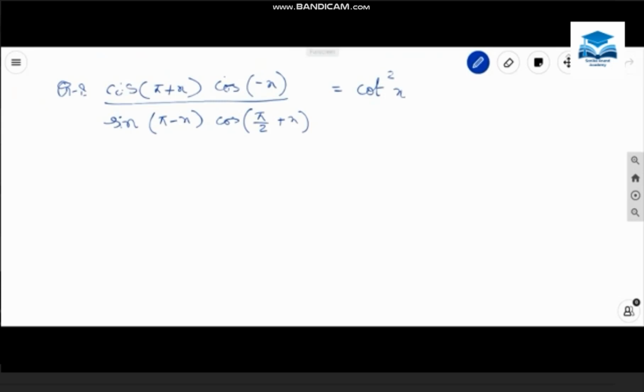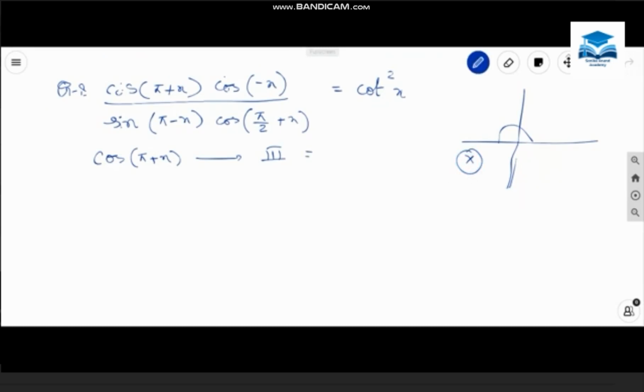Now, I will also try to explain over here. Pi plus x. That means pi is this plus x, so it goes here. We have cos of pi plus x. It goes to the third quadrant, and cos theta is negative in the third quadrant.